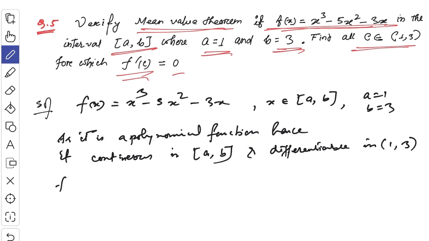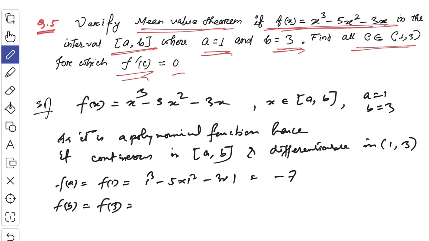Now let us find f of a, that's going to be f of 1. So f of 1 is 1 cube minus 5 into 1 square minus 3 into 1, that's going to be equal to minus 7. And f of b, that is f of 3, is going to be 3 cube minus 5 into 3 square minus 3 into 3.